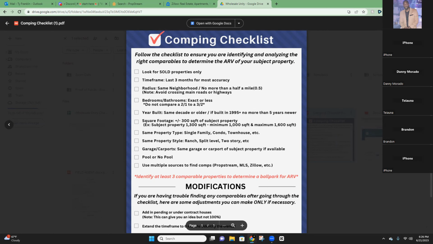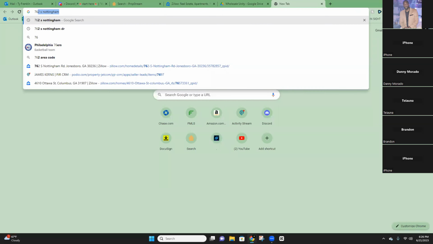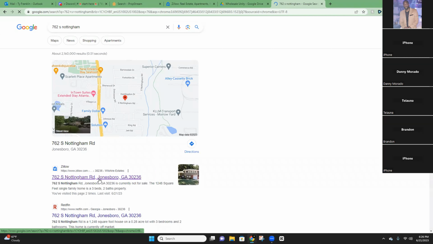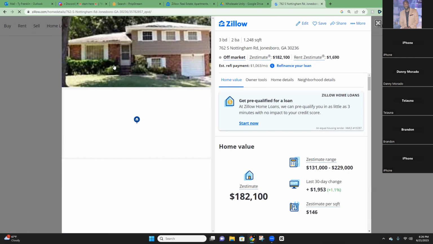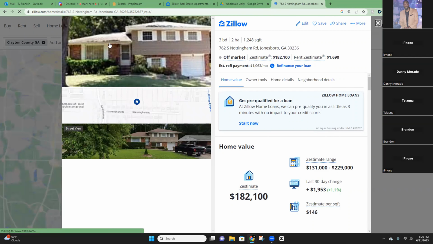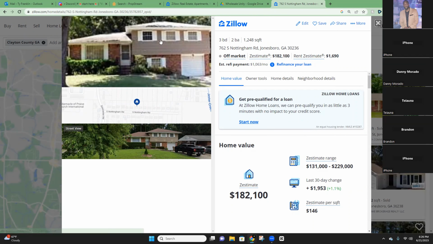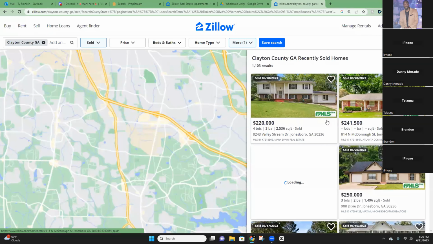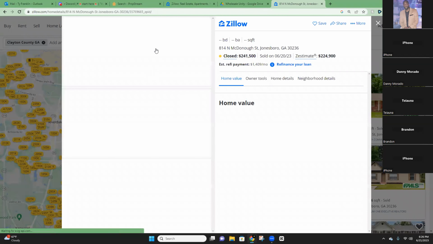All right. So let me show you a split level real quick. This is a split level, right? You see how it's split right here? It kind of has like a ranch style right here, but it's split. That's a split level.